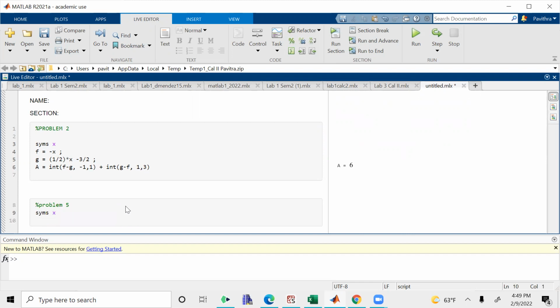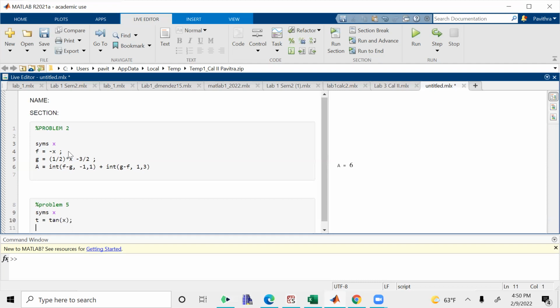Syms x. Now, you can name it as f and g again, but sometimes it might overlap and use f and g as this one. So we do not want that to happen. So I'll just make a different notation. t equal to tan of x. That's the problem given.